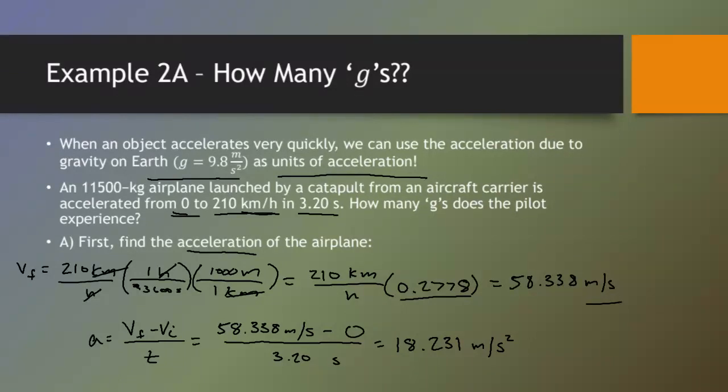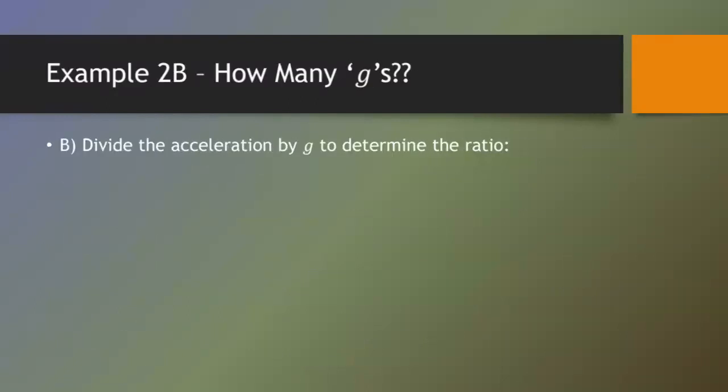To find how many G forces that is, or how many G's that is, all we've got to do is divide by the acceleration due to gravity. And so to find the ratio, we're going to take our acceleration we just calculated and divide by the acceleration due to gravity.